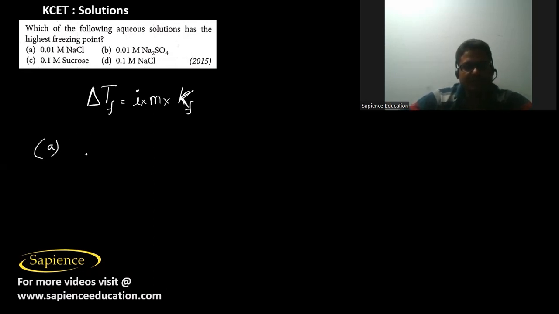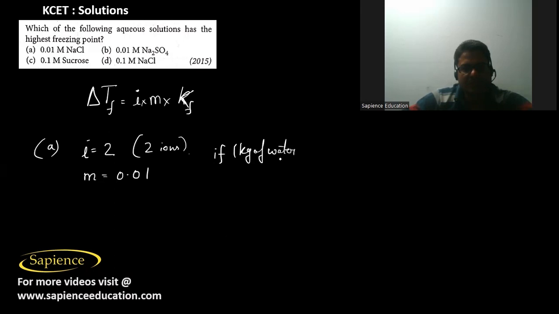So for option A, I equals 2, since it will give two ions, Na plus and Cl minus, and molality is 0.01 only, if 1 kilogram of water is taken in all the cases. Therefore the value of I into M will be 0.02 here.